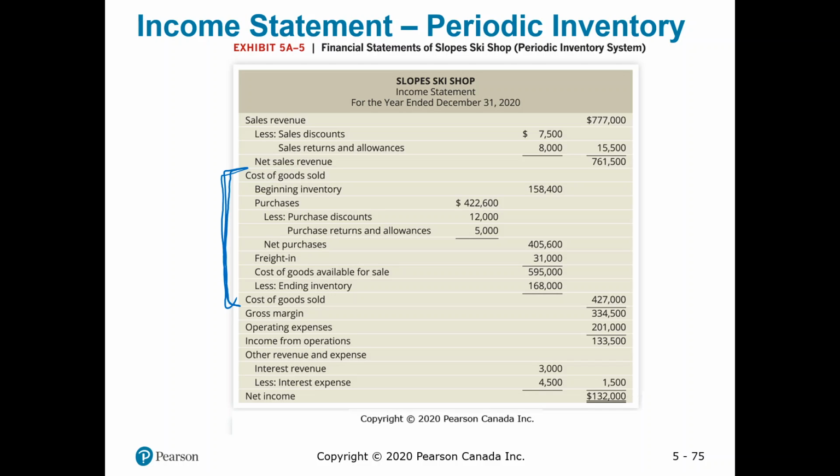When we looked at the perpetual method, we always were recording that cost of goods sold. So we just had one line that showed our cost of goods sold, which was in that account. Under periodic, you actually have to show this breakout and calculate your cost of goods sold on the statement.